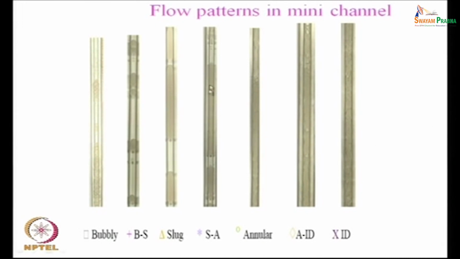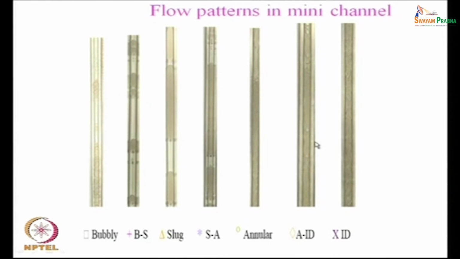In this case, these toluene Taylor bubbles start coalescing and form a distinct annular flow pattern, where there is a toluene core and a water film between the toluene core and the pipe wall.